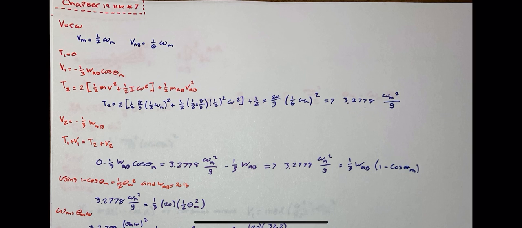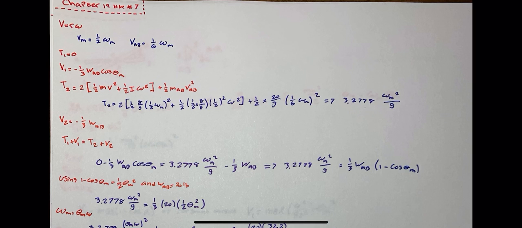After that, we know that T1 is equal to 0. We know that V1 is equal to negative 1/3 WAB cosine theta. We know that T2 is equal to 2 times 1/2 MV squared plus 1/2 I omega squared plus 1/2 MAB VAB squared.